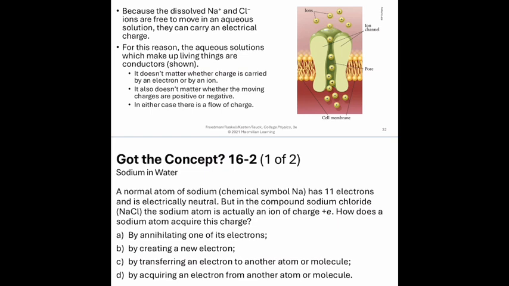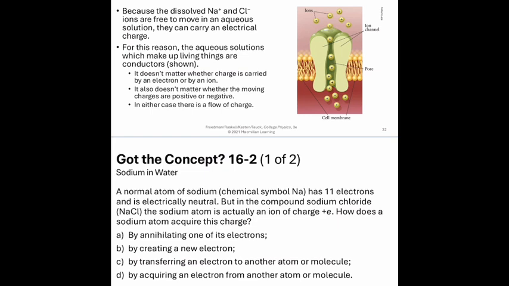I think we can already get rid of A and B because we remember earlier that charges cannot be created or destroyed, okay? So the sodium ion either acquired a positive charge e by transferring an electron to another atom or acquiring an electron. Well, part D doesn't make any sense either because if it acquired an electron, it would have more of a negative charge than it did before, right?